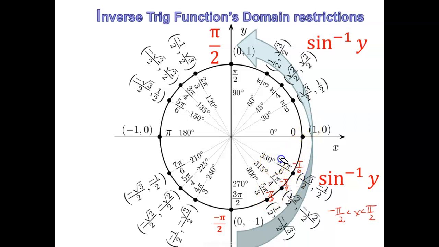So if you're asked to do inverse sine, and your answer should come from the fourth quadrant, then instead of writing it as these, you need to write it as these here. The reason being that 5 pi over 3, 7 pi over 4, and 11 pi over 6 don't fit in this interval, but negative pi over 3, negative pi over 4, and negative pi over 6 do fit in that interval.